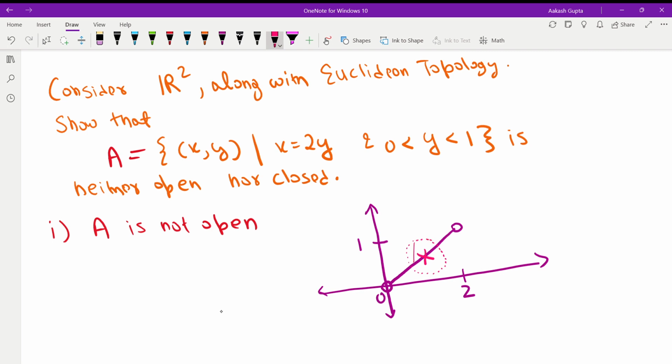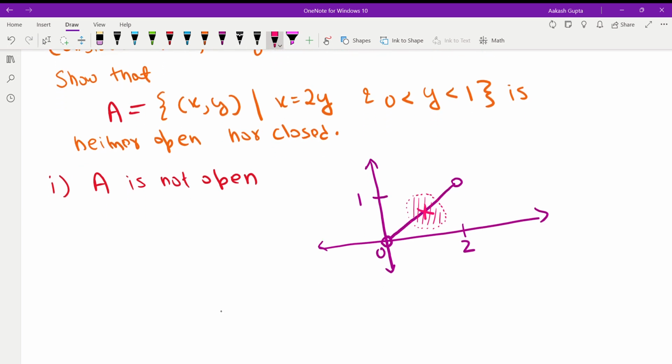It's an open disk, right? So if you take any ball, it cannot be wholly inside the set A, right? So you see that this set A is not open.